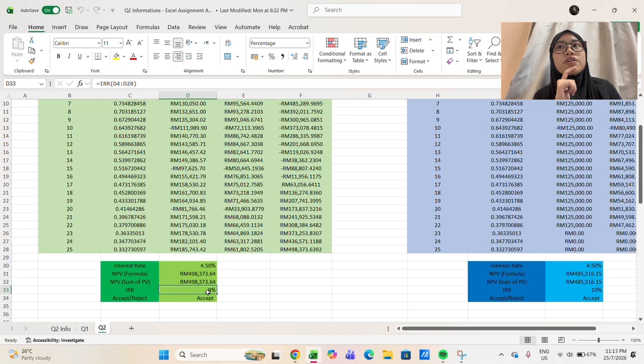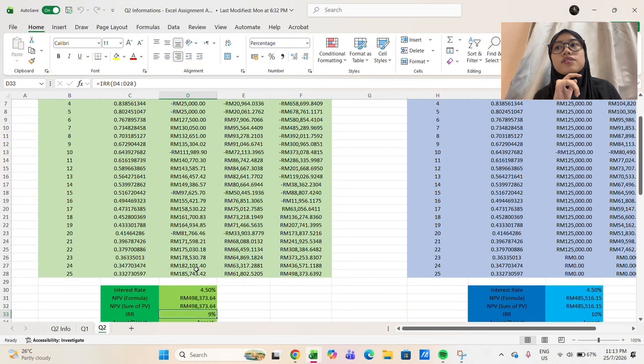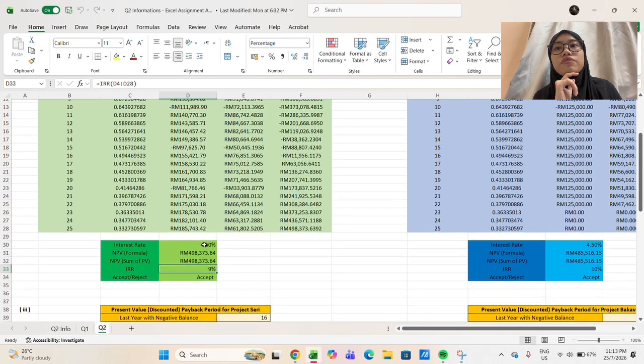And then to find the IRR, I use the IRR Excel formula and take the cash flow from year 1 until year 25.